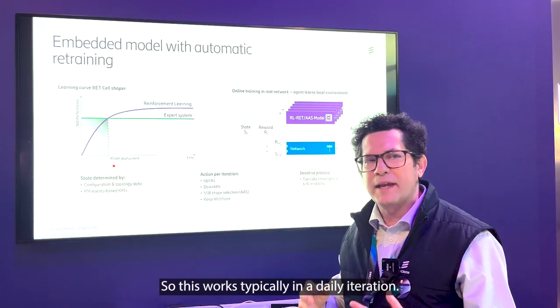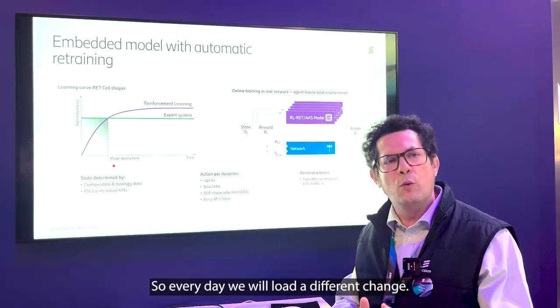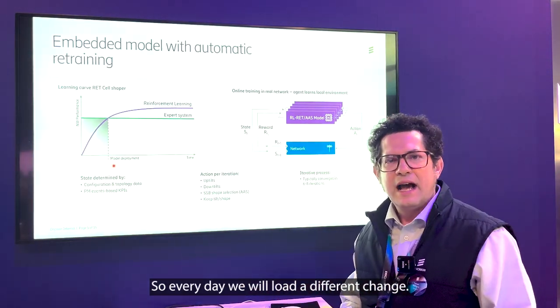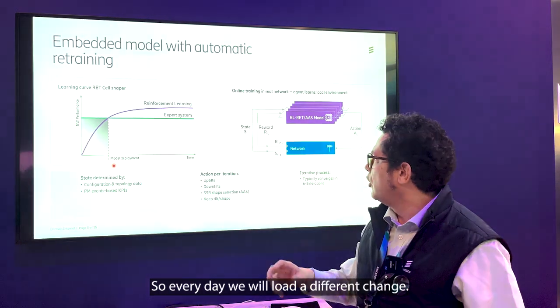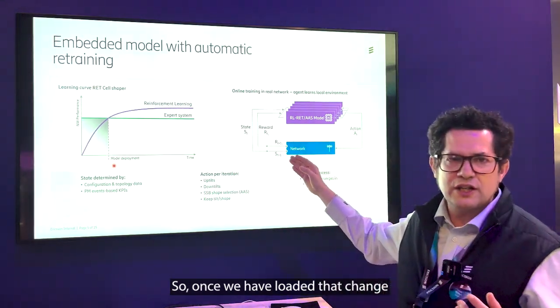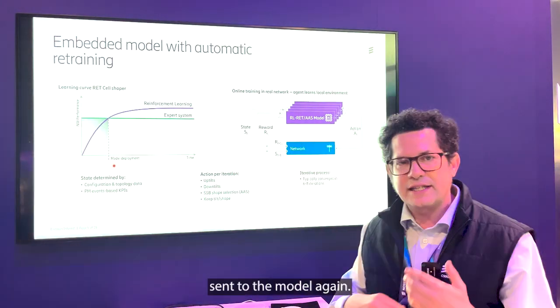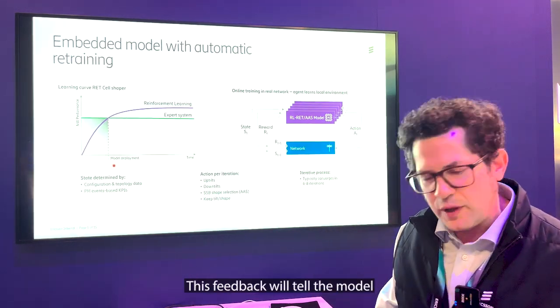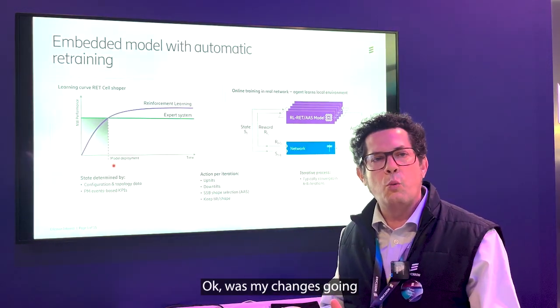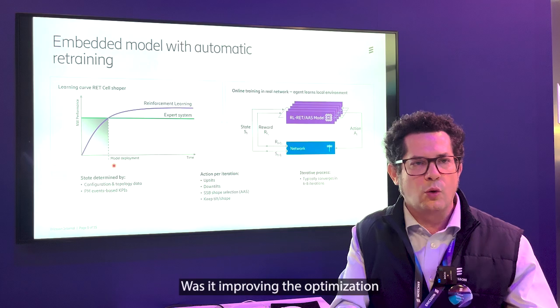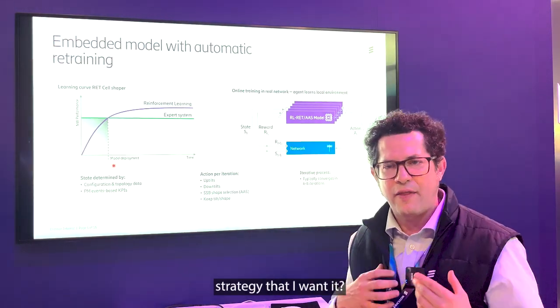So this works typically in a daily iteration. Every day we will load a different change, okay? Once we have loaded the change, we will see the feedback sent to the model again. This feedback will tell the model, okay, were my changes going in the right direction? Were they improving the optimization strategy that I wanted?